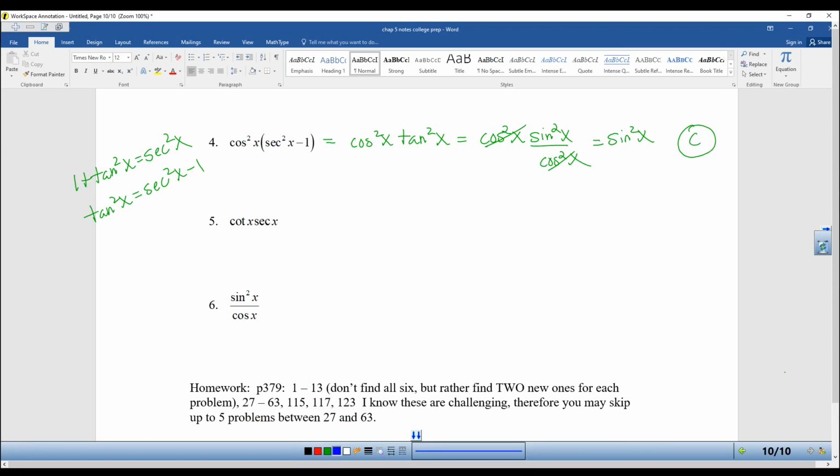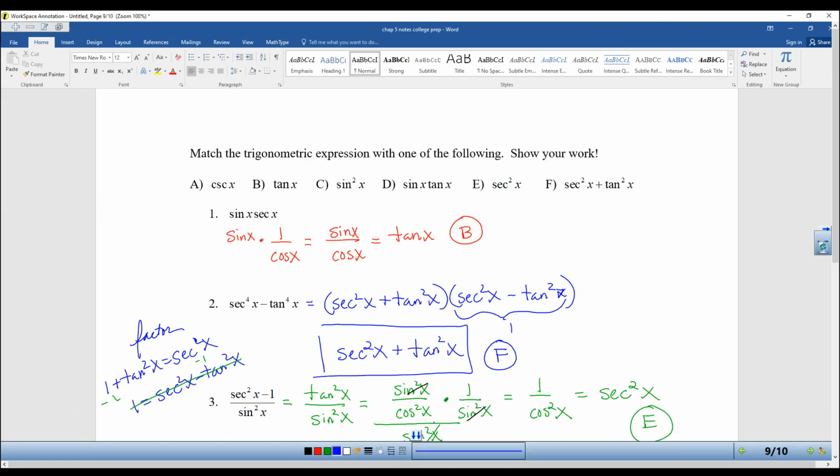Another thing is that sometimes people change it to sines and cosines right away. They don't like these as much, and that's fine. So when I distribute this, I get cosine squared times 1 over cosine squared, which is just 1, minus cosine squared. I look to see if that's on my list, and it's not.